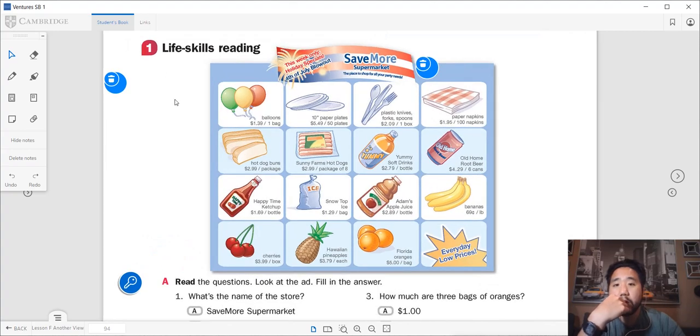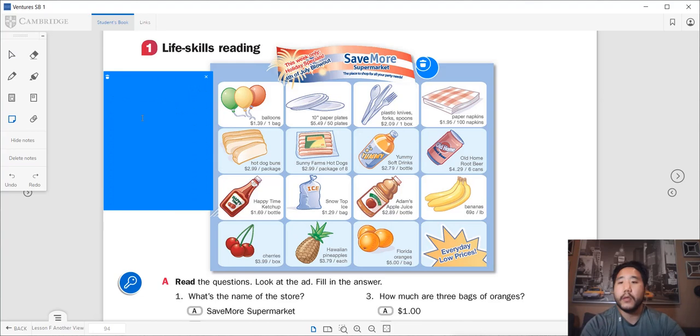So this picture is called an advertisement, and let me type this out for you. Advertisement. But in short, we call it an ad. AD.